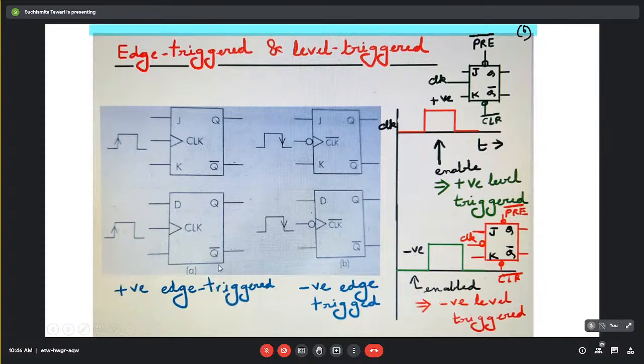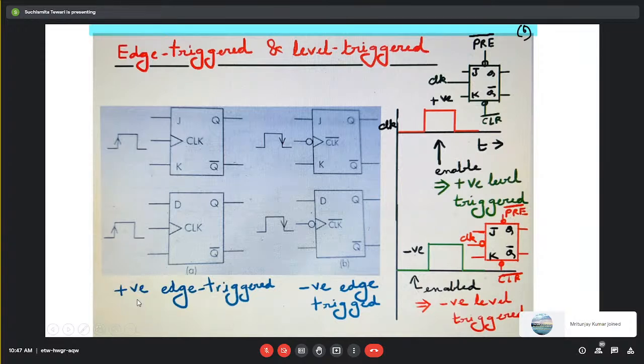Similarly, for edge triggering as well, it is called positive edge triggered when this edge is responsible for reflecting the change in input to the output, and throughout the rest of the clock pulse, it won't respond to input. Then only it is the rising edge or the positive edge.